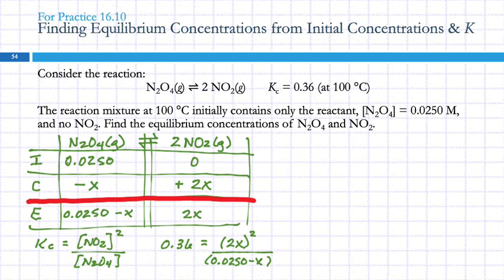And again, I think it's just easiest to go to the solver. 0.36 on the left, fraction on the right, in parentheses, 2x squared. You need to put those parentheses in there because the 2 gets squared as well as the x. And then in the denominator, I've got 0.025 minus x equals, let's start with 0 again.